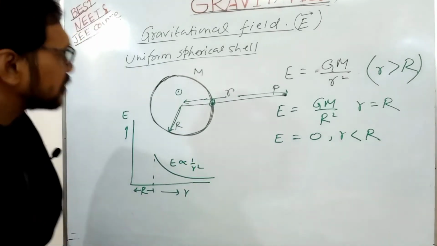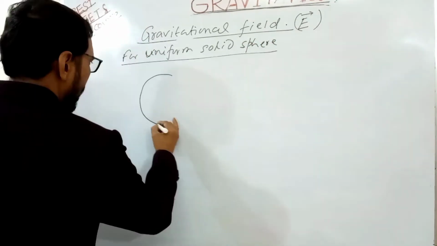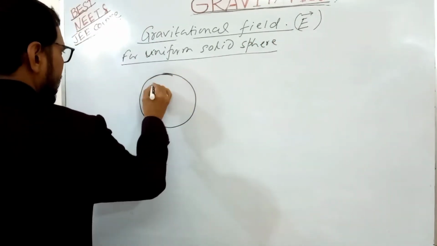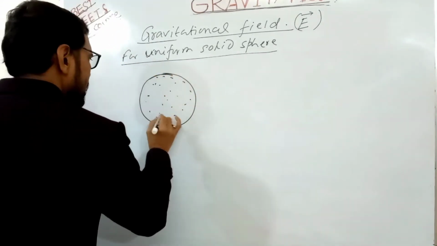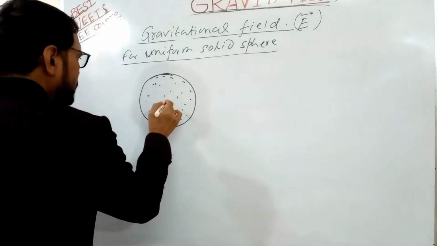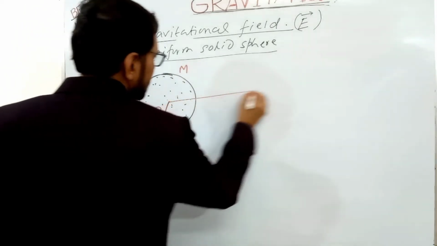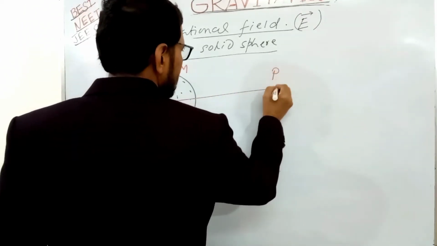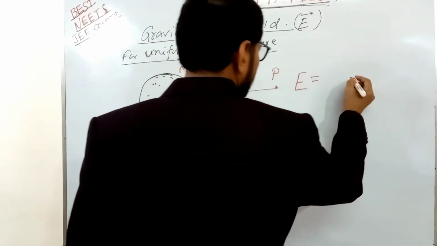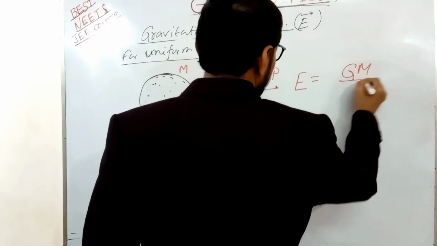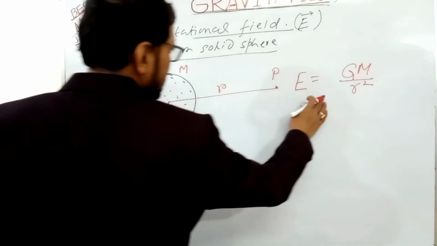Now for a solid sphere, radius is R, mass is M. If the point is outside, if the point is here at a distance r, the gravitational field will be GM by r square, same as that of the spherical shell.